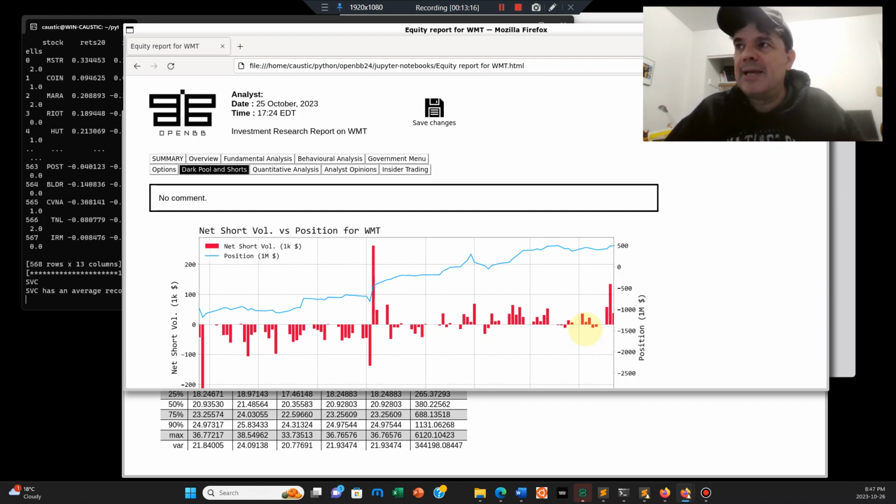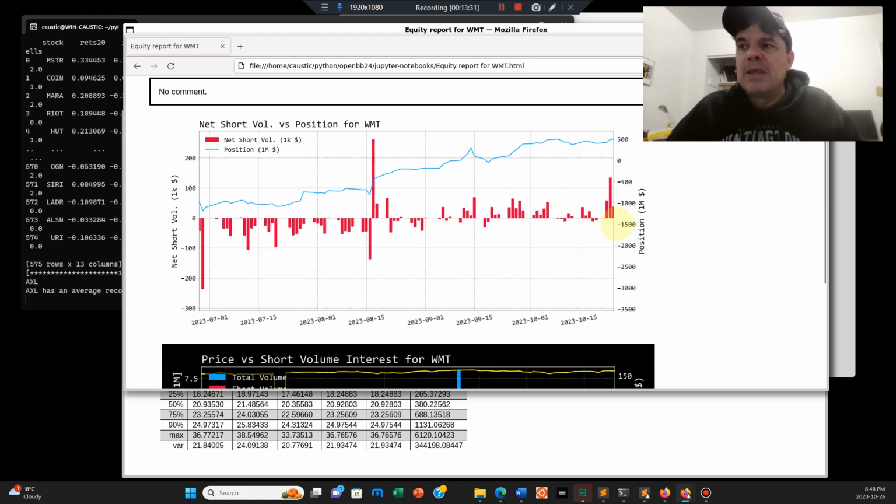You will not see this anywhere else, unless, of course, you're paying thousands per month on Bloomberg or the like. But you can see here lots of people loaded up on Walmart because it's considered a good stock to hold while the market's been tanking for the last couple of weeks. So Walmart's a very good defensive stock.